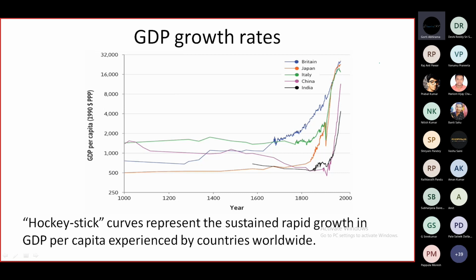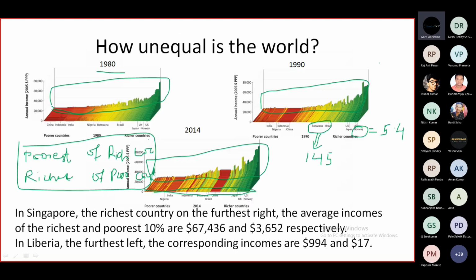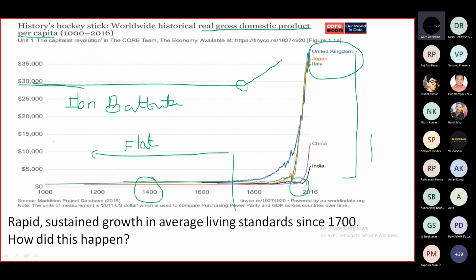And Adam Smith observed that the prosperity we saw around the 17th century, particularly in Europe, was because of what he meant by division of labor.